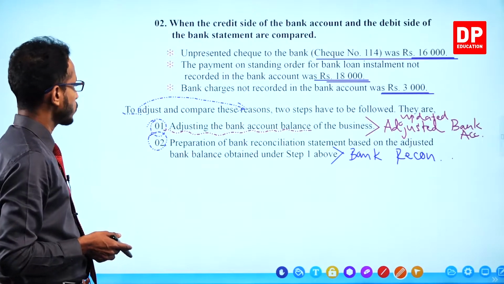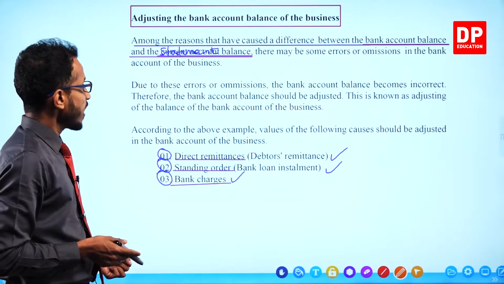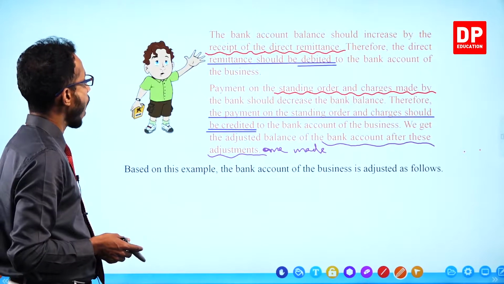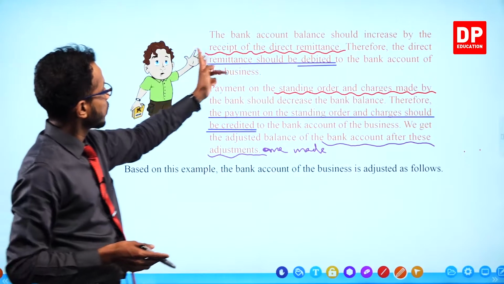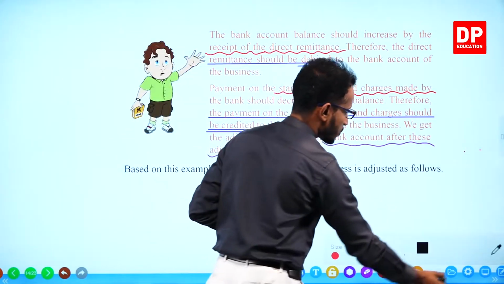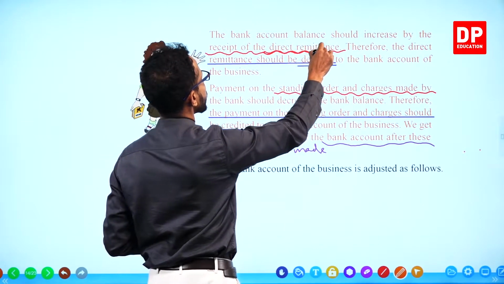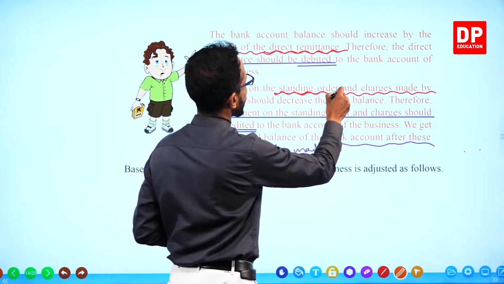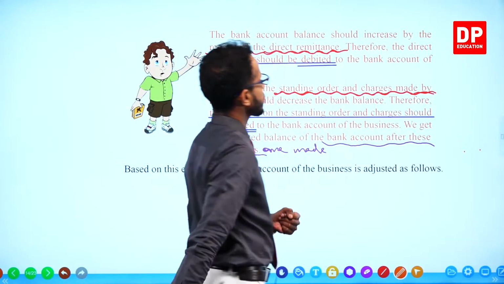now back to the place where we were. Then we have these things that we discussed. Direct remittances, standing orders and bank charges.